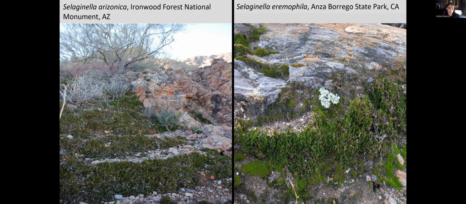And they come back with a vengeance as these large vegetative mats that grow on rocky outcrops and slopes. But specifically, we're looking at two very closely related Selaginella species: Selaginella arizonica, which is found more in Arizona, the Sonoran Desert, and Selaginella eremophila, which we find more in Baja California.